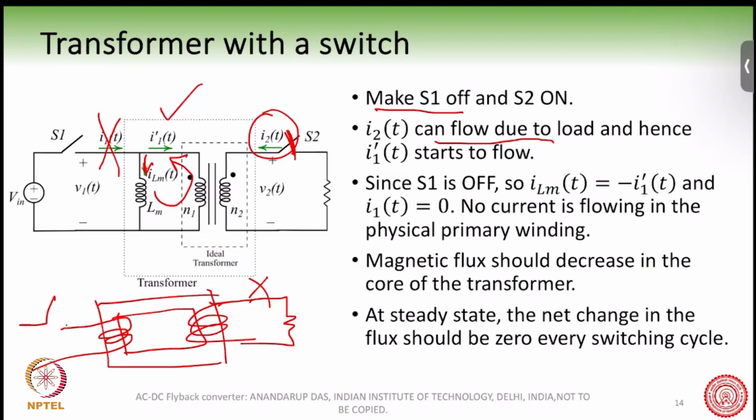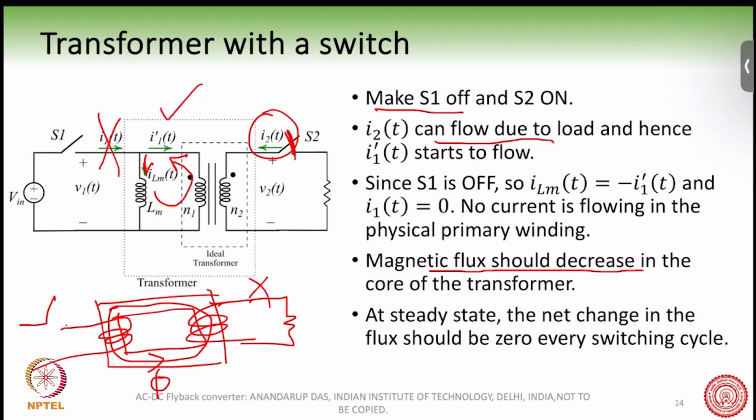So therefore, ILm, this current which was flowing, will now flow this way. And so the magnetic flux will start to decrease. You had already stored some energy in the form of a flux in the core. That flux will now start to go down. Basically, the core will now release back this energy into the secondary winding.